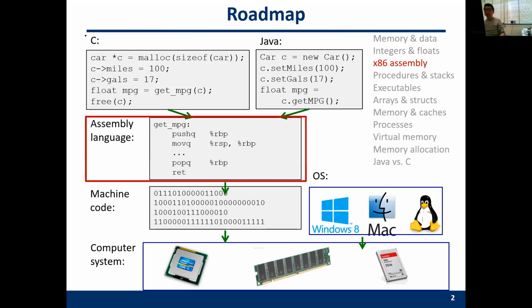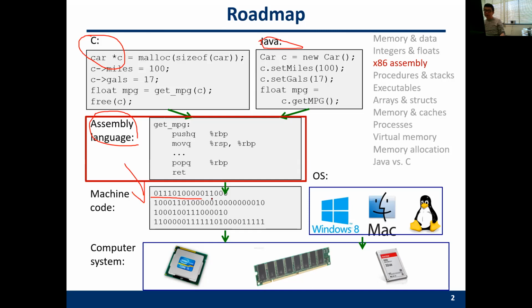So now all the high-level languages, Java, C, will be translated into assembly language. And then we have a lightweight compiler, which will translate the assembly language to the machine code.